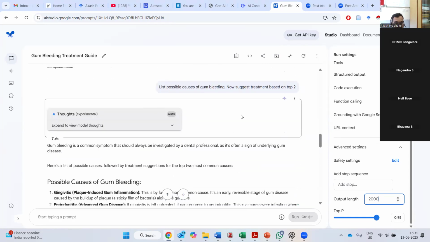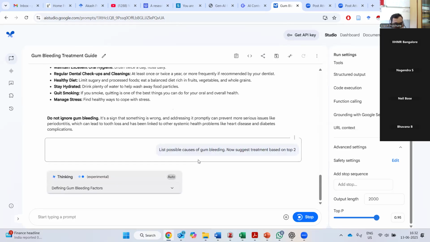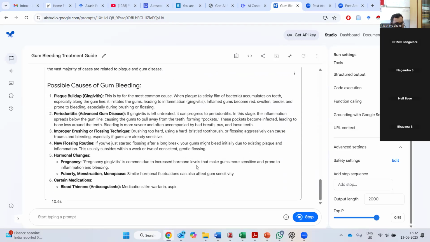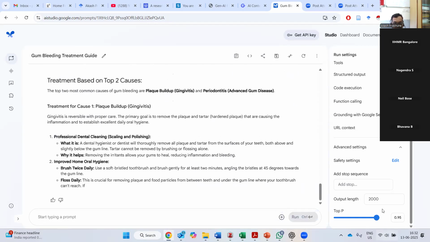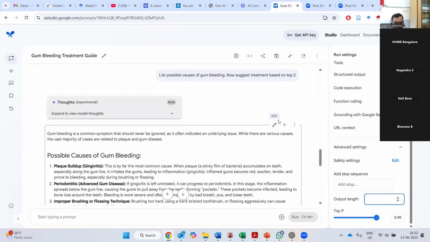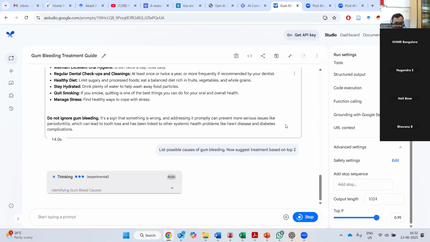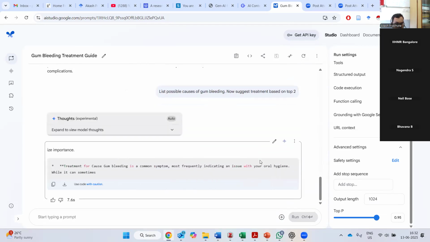It will cut in between, I guess. The worst way of working is Google.